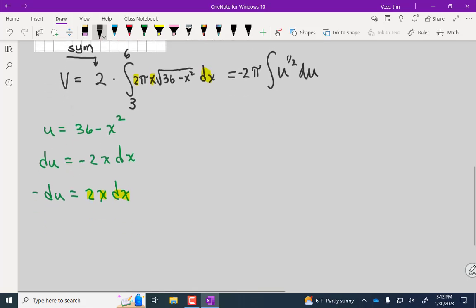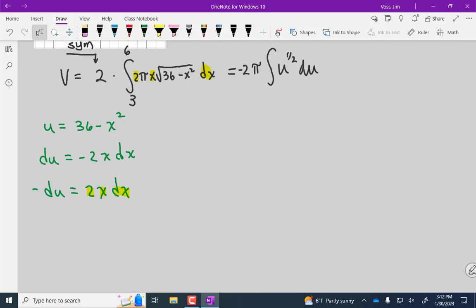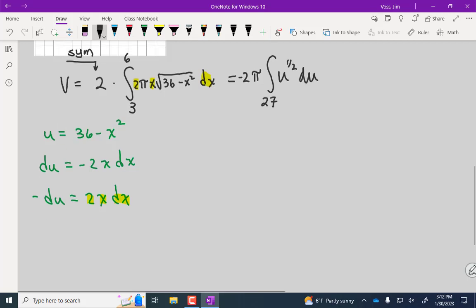So with our u sub, these limits are x limits. We're going to plug them in here to get the corresponding u limits. So when x is 3, you plug in 3 here, you get 9. 36 minus 9 is 27. And then plugging in 6 there, we get 36 minus 36, which is 0.